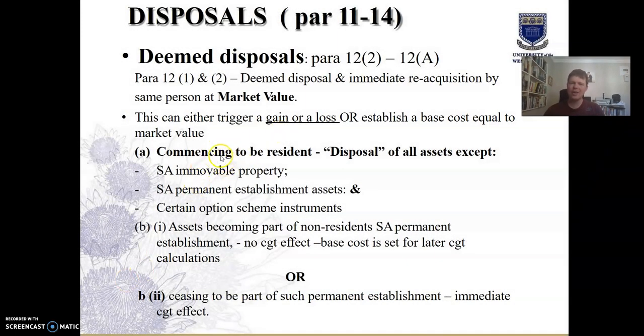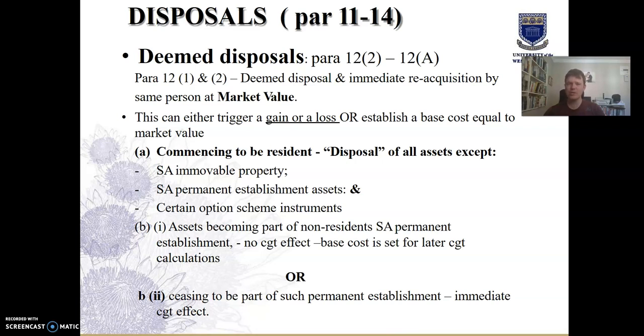So when you become a resident, you're deemed to dispose of all your assets and reacquire them. The only exceptions? Any South African immovable property or assets of a permanent establishment. Why? Well, those are going to be subject to CGT regardless of what your residency is, so you don't actually need to do this resetting of the base cost.